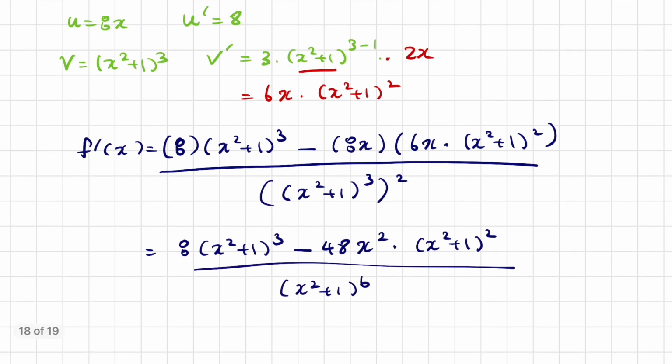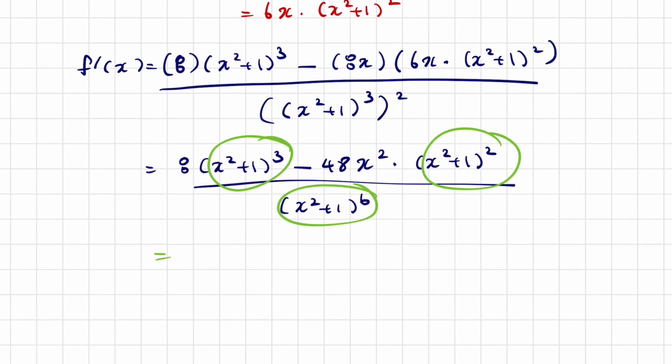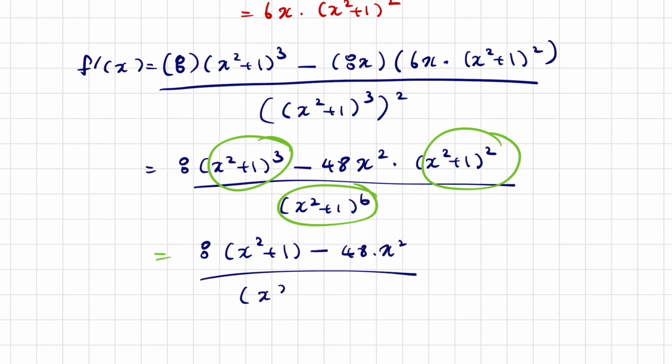Since we have (x squared plus 1) to the power of 3, (x squared plus 1) to the power of 2, and (x squared plus 1) to the power of 6, we can simplify this, right? And this becomes 8 times (x squared plus 1) to the power of 1 minus 48x squared over (x squared plus 1) to the power of 4.